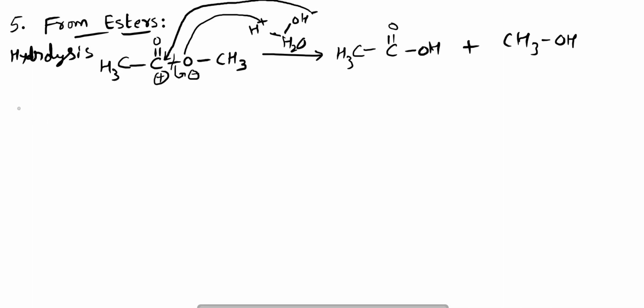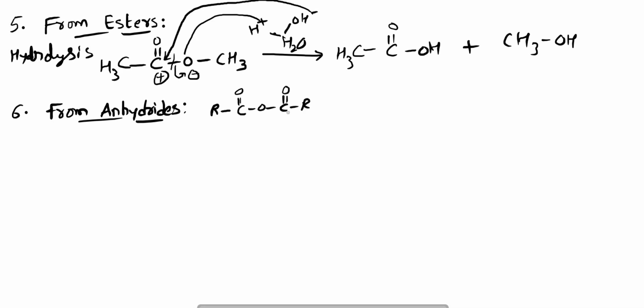Next, from anhydrides. How to prepare carboxylic acids from anhydrides? Anhydrides means generally the formula will be like this: RCOOCOR. This group is repeated.